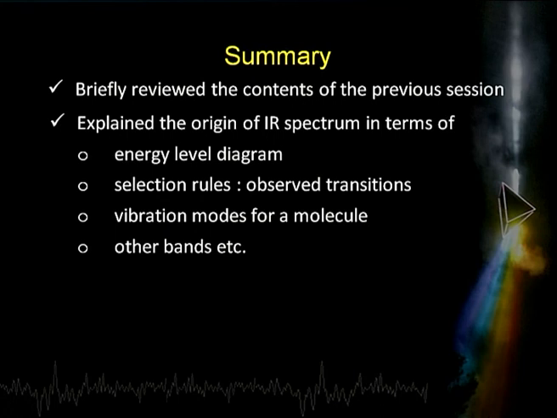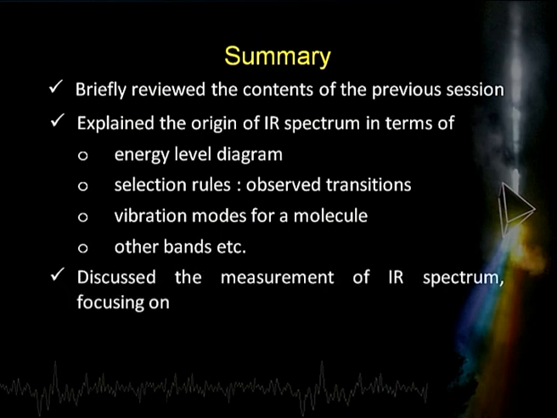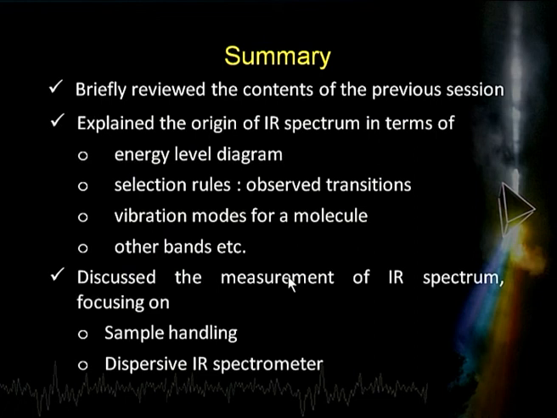We did venture into all those discussions as well, and then we discussed the measurement of the IR spectrum, and we focused a great deal on the sample handling part, because that is very, very crucial in IR spectrometry. We talked about how we handle gaseous samples, liquids, and solid samples. Then towards the end we briefly touched upon the principle of the dispersive IR spectrometer.